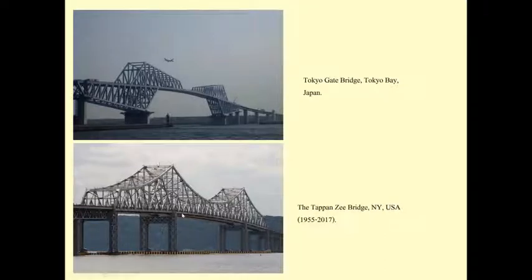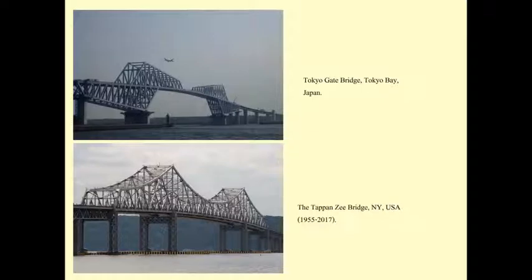This bridge was built in 1955 and used until 2017. It has a very long history of 60 plus years of service. What this means is that even though these big bridges are built with steel and located in seashore areas, they can serve for more than 50 years, so they are very durable bridges.